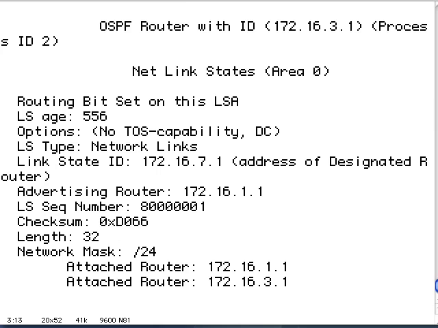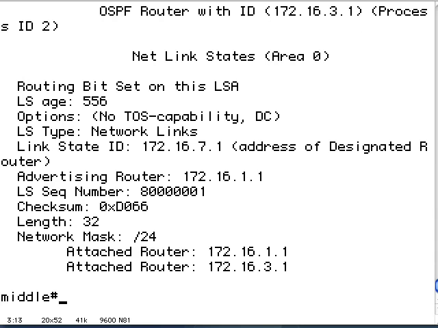So the network link state's age is now 556 seconds. It is a network LSA. The link state ID is the designated router, 172.16.7.1.